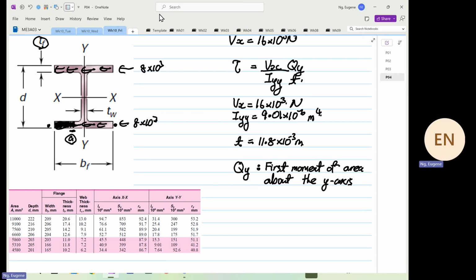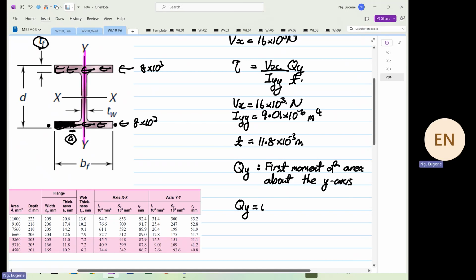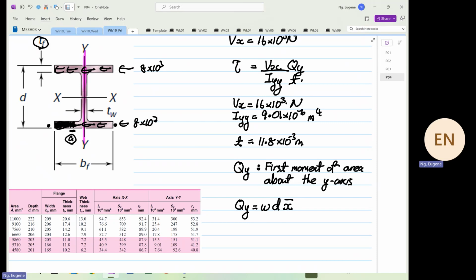So the y-axis is the axis that is fixed. This is your y-axis. Now the next thing that we're going to do, we know that Qy is equal to width times depth multiplied by x bar.